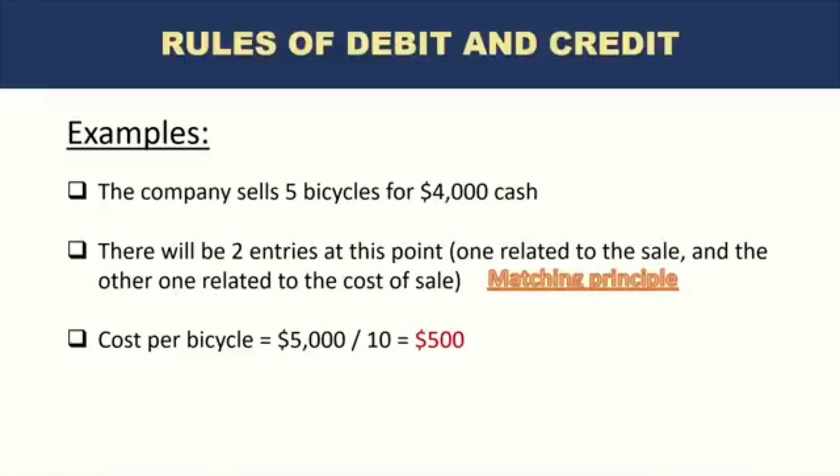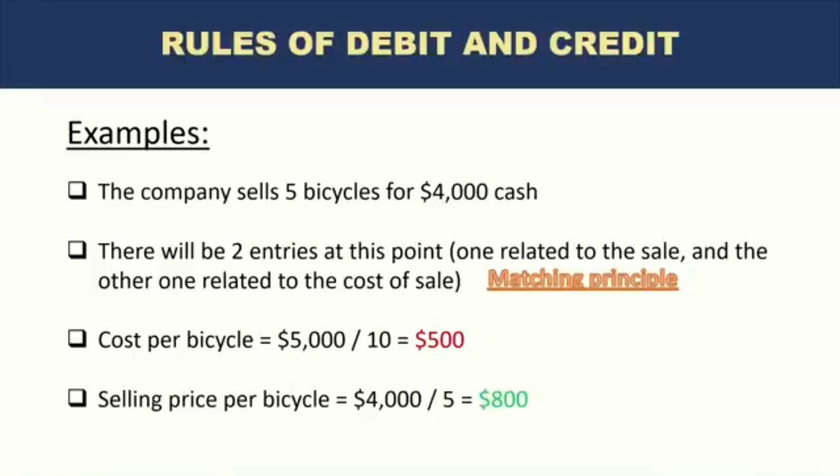So that means the cost of each bicycle is $500. And the selling price is $4,000 divided by 5 because the company sold 5 bicycles for $4,000. So the selling price is $800. But you can already see on each bicycle, they are making a profit of $300, which is 800 minus 500.